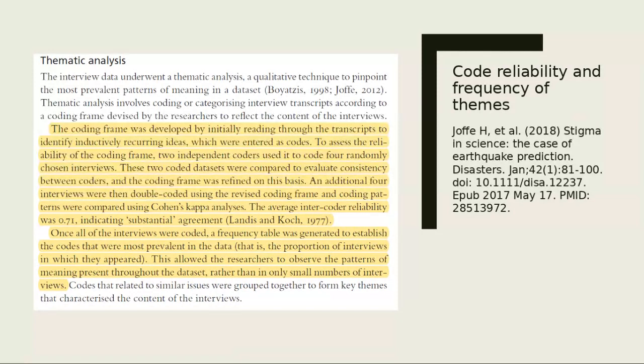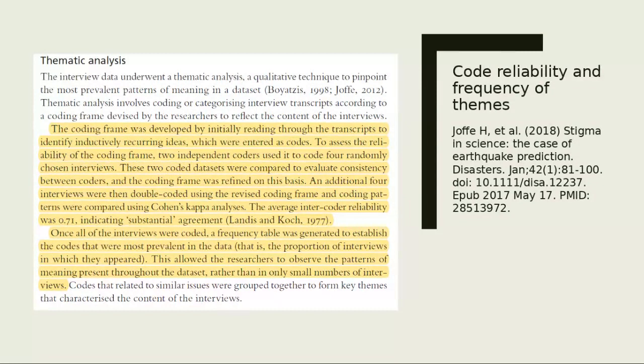So I brought this just to give you a flavor of how this works. They say the coding frame was developed initially by reading through the transcripts to identify inductively recurring ideas that were entered into codes. To assess the reliability of the coding frame, 2 independent coders were used to code 4 randomly chosen interviews. And then they edited for inconsistencies.